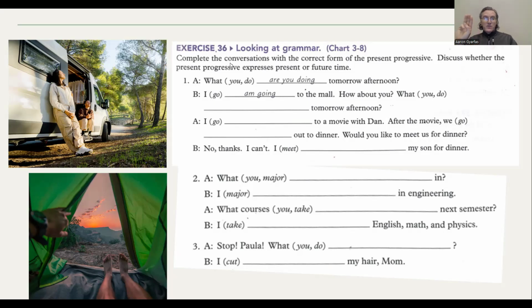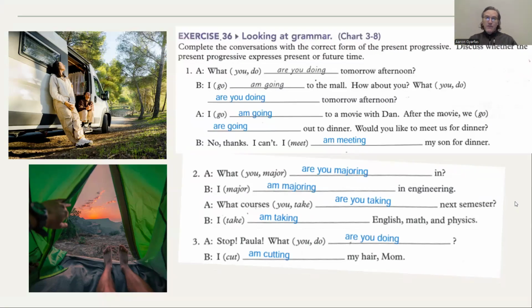Check your answers. Okay, let's check our answers. See if you got everything right. Remember, this is present progressive, so these are going to be plans when talking about the future.